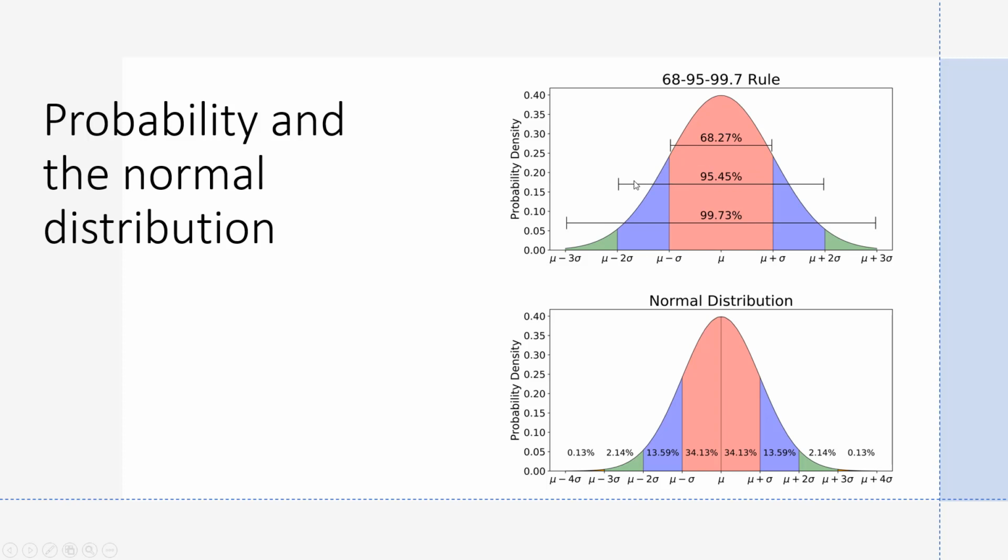We know that 95% of individuals will fall between -2 and +2 standard deviations. So this is this purple bit here, plus the pink bit. When we get to 3 standard deviations, we know that 99% of people are going to fall within minus 3 and plus 3 standard deviations.